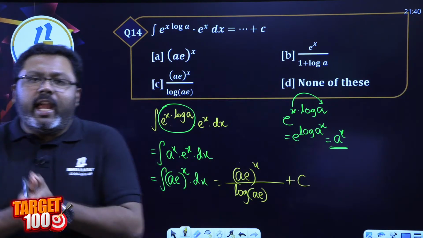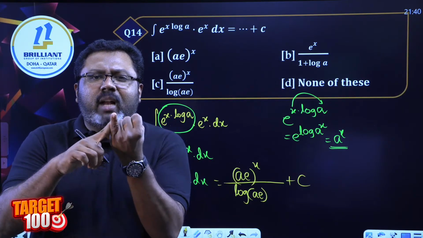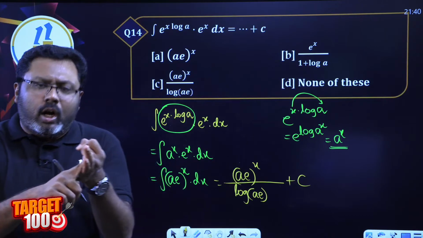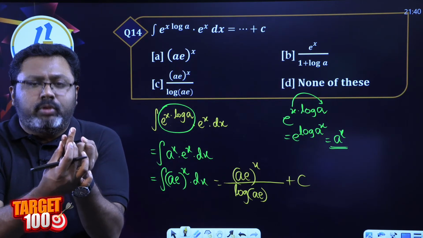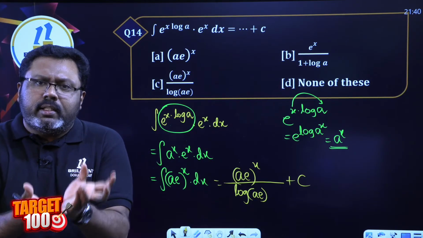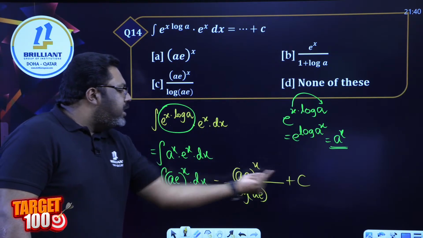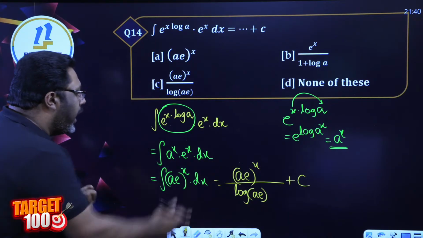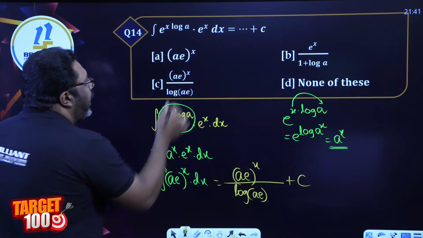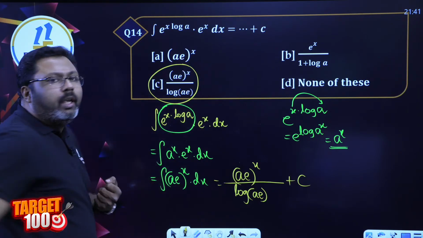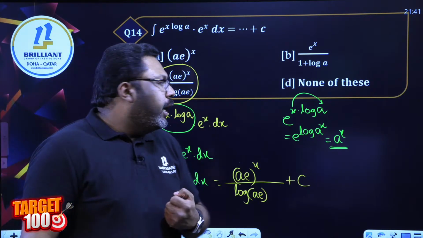Here my constant a is a into e. A is an arbitrary constant. E is an Euler's constant. Multiply them together, you will get a new constant, that's all. So constant raised to x is constant raised to x by log constant. So a raised to x by log a. Option C. A raised to x by log ae.